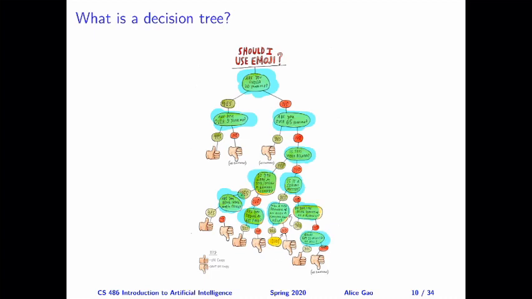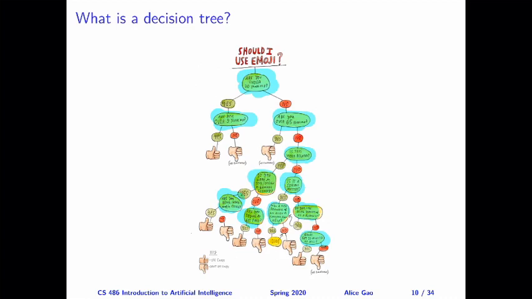You can see all of these Boolean tests because they are clearly described in each internal node. The top one says, are you under 20 years old? And the answer is yes or no. So this is a Boolean test. Depending on our answer, we can go to the left branch or the right branch.